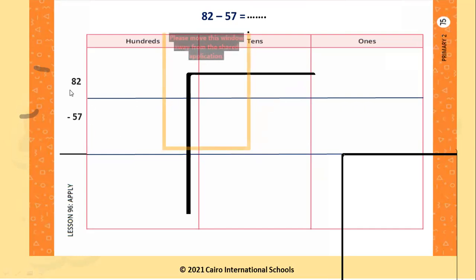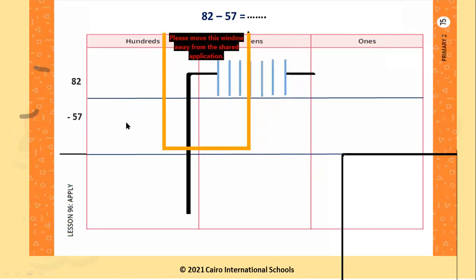We don't have any numbers in hundreds, so we will not present anything in hundreds. 82: 8 in tens, so 1, 2, 3, 4, 5, 6, 7, 8. 8 in tens and 2 in ones, 2 many squares, 1, 2.